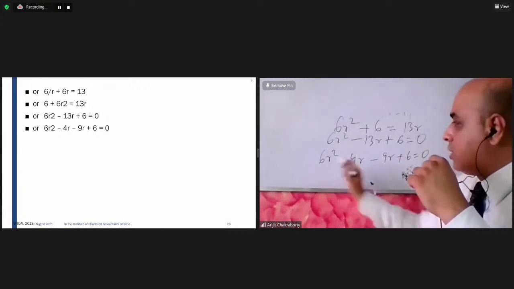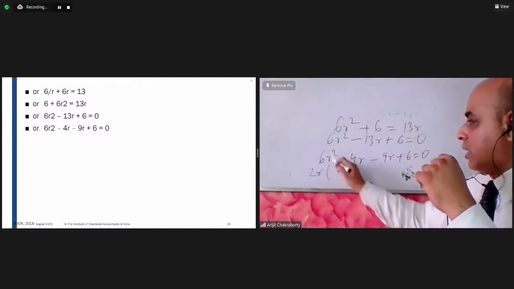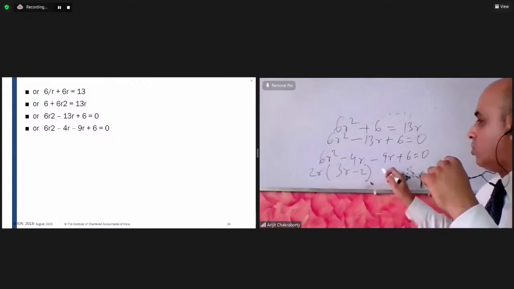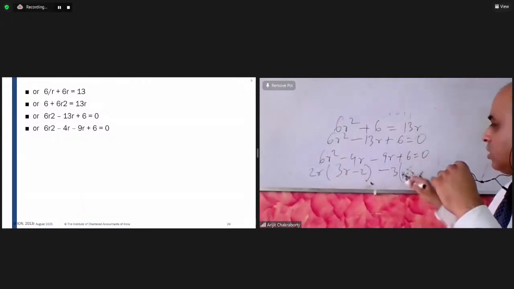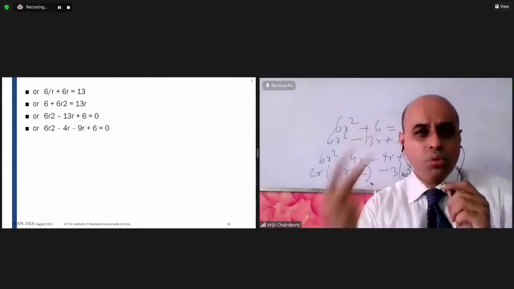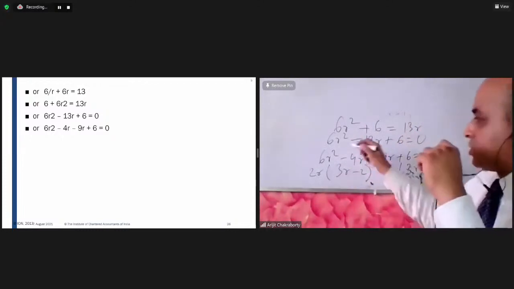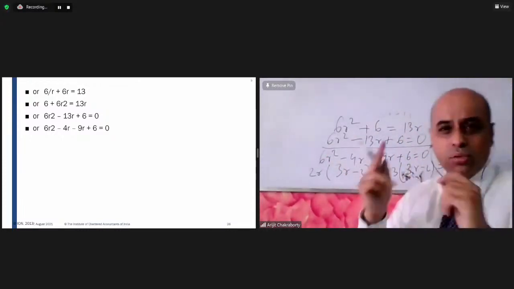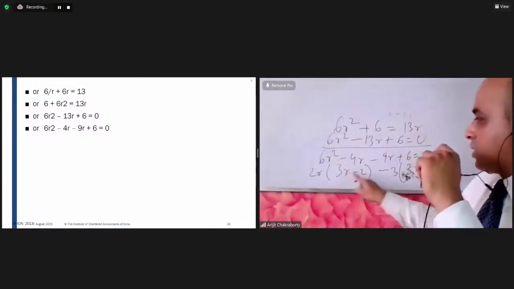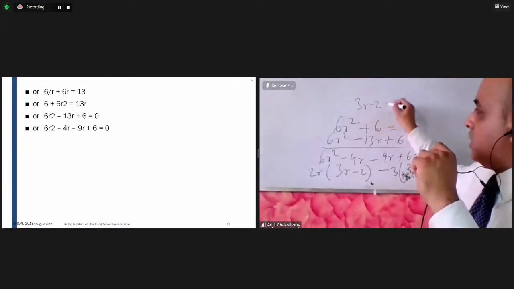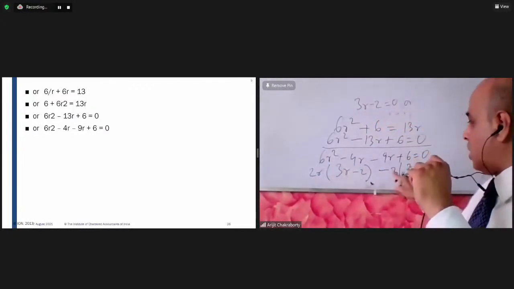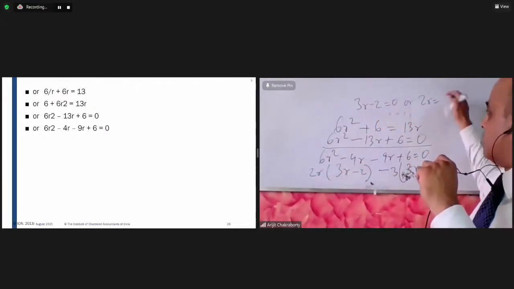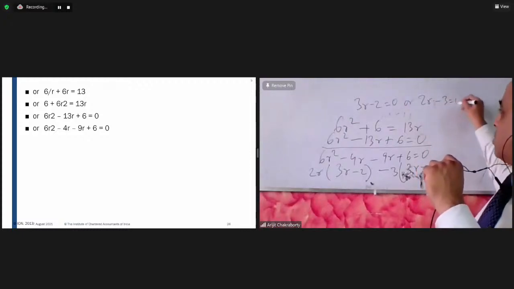If I take 2R common from the first part, I get 3R minus 2, and from the second part, if I take 3 common, I get 3R minus 2 equal to 0. So the two roots of the quadratic equation are 3R minus 2 equal to 0 or 2R minus 3 equal to 0.